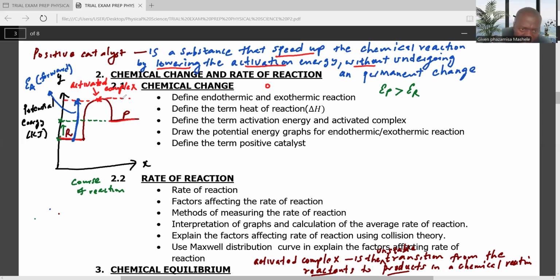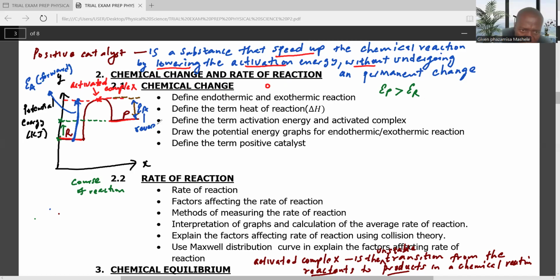But from the activated complex to the product, this one is still an activation energy. It's still an activation energy, from the product to the reactants. From the product to the activated complex, this is still an EA, but this one is for the reverse.